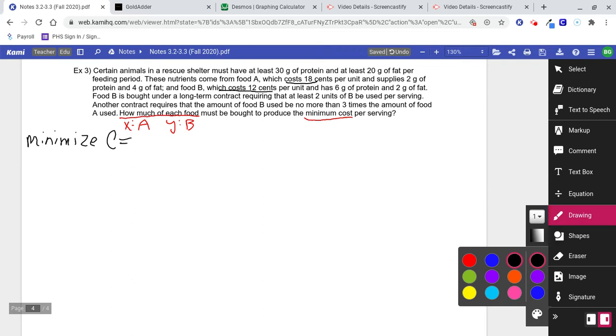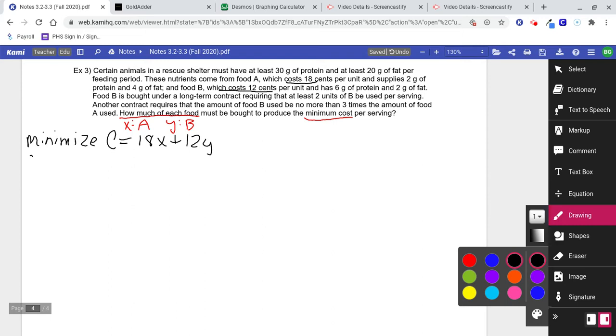So it looks like it's going to be 18x plus 12y, because those are talking about costs. I'm minimizing cost. Find the numbers that are talking about cost, and don't use them again. Those numbers are used up. You can cross them out if you want, but we're not using those numbers again.